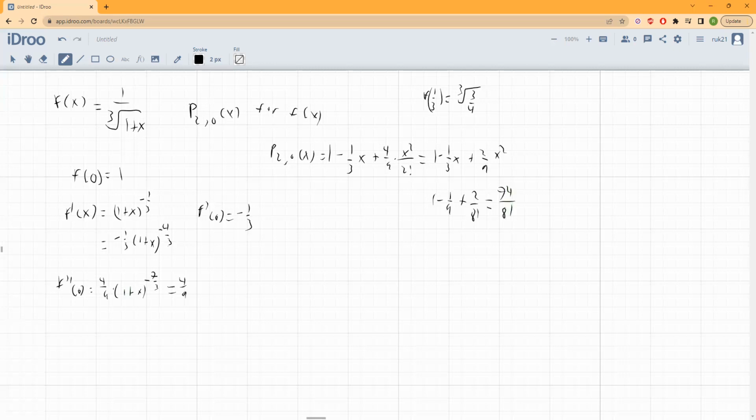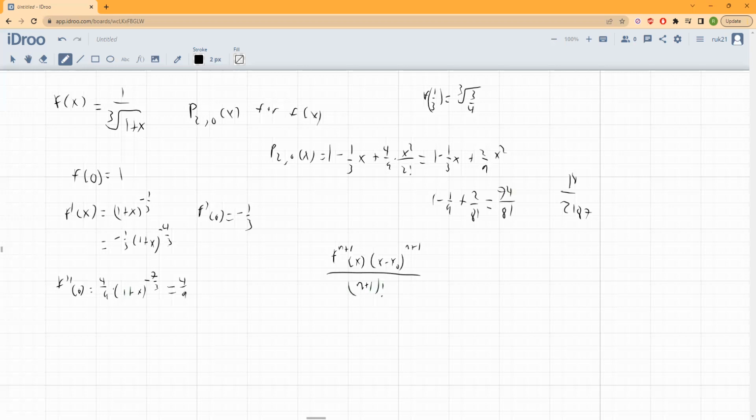And now we need to show that the maximum error is, as the question said, 14 over 2,187. So as usual, we know that our error is the n plus 1 derivative of f at x times x minus x null to the power of n plus 1, over n plus 1 factorial.